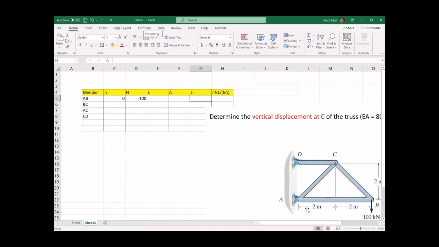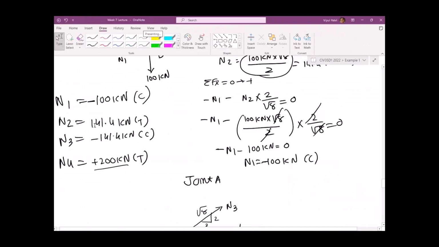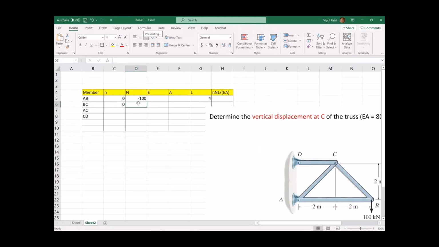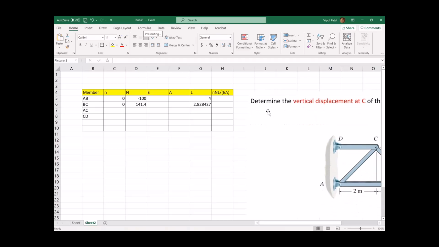For member AB we got 4 meters. BC is number 2, 0 again, and for capital N2 141.4. This one we're going to write, and this BC is square root 8. So 8 to the power of 0.5, you get this, right?